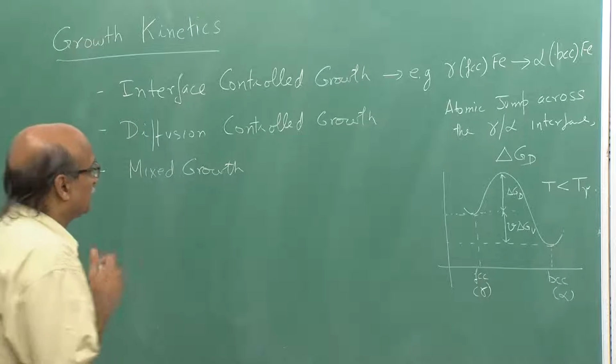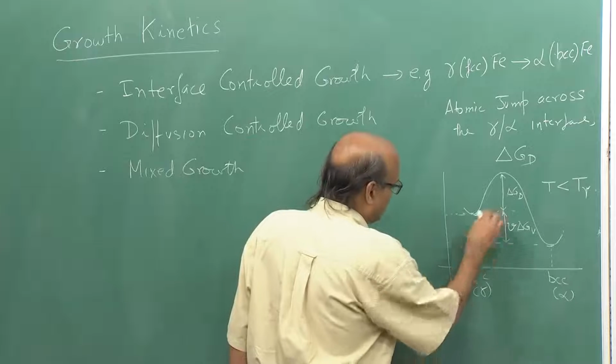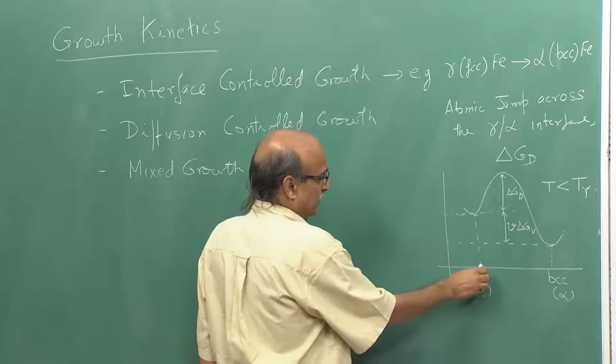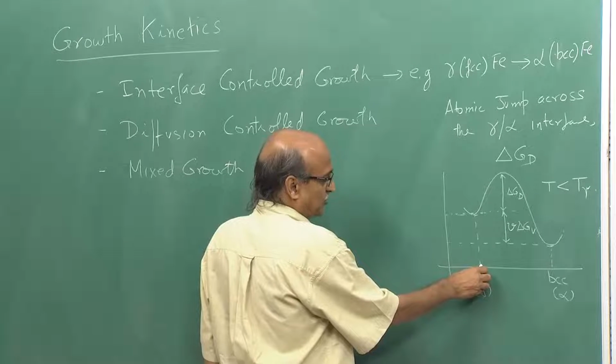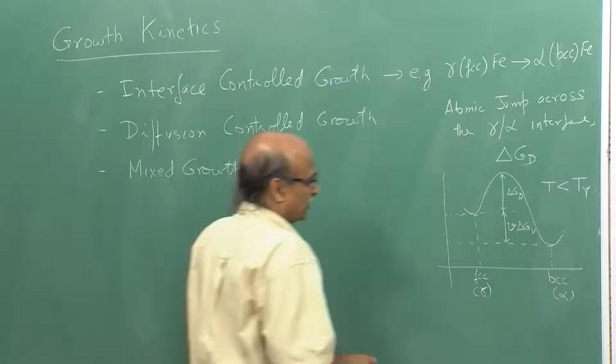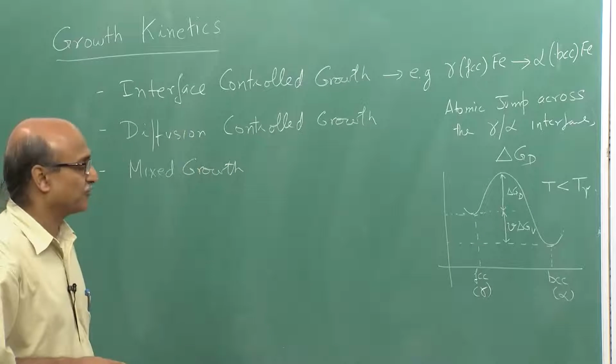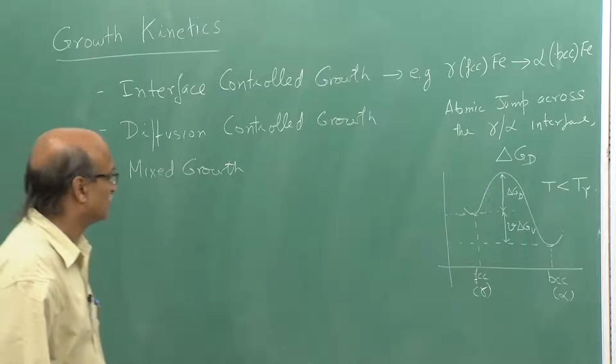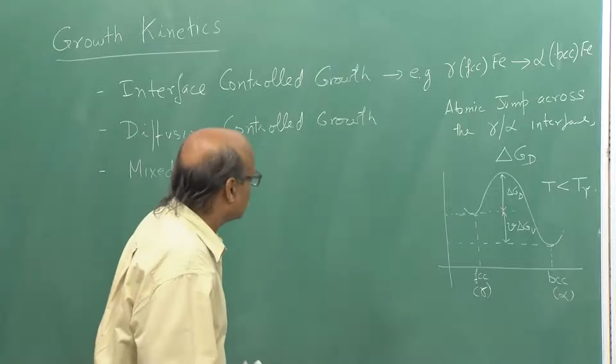Okay. So, let us first look at what is the probability of a jump for an atom on the face centered cubic side to jump across the solid-solid interface to the body centered cubic phase.